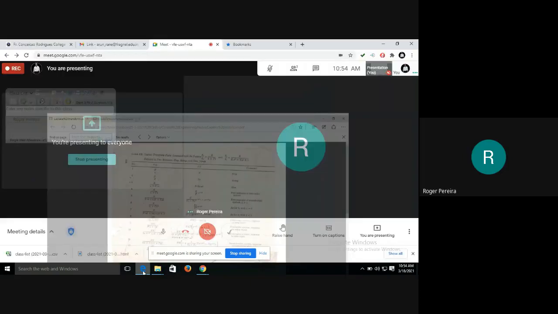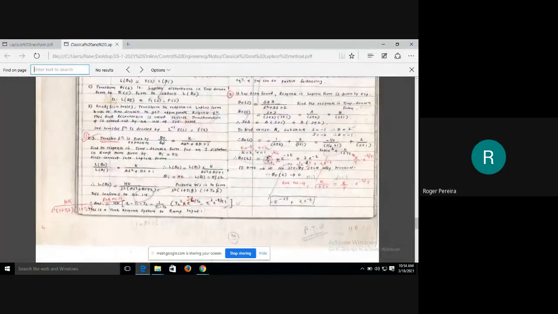Yes, sir. So now in this equation, Laplace of theta O is equal to Laplace of theta I into k upon the quadratic. So here I will write h upon s square into k, and the denominator stays as it is, A s square plus b s plus 1.